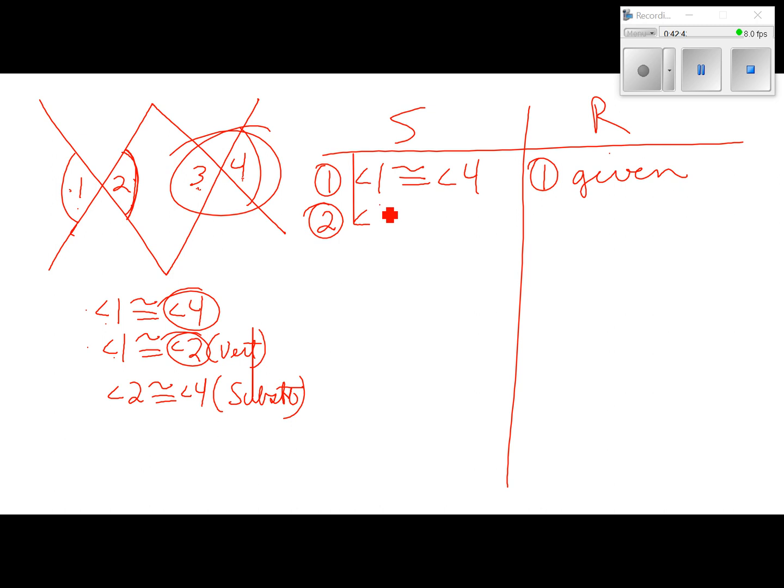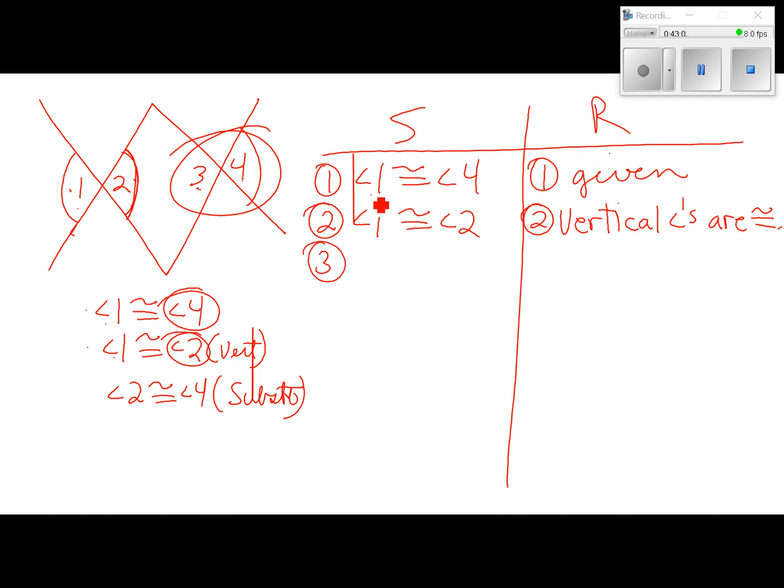Then number 2, we knew angle 1 was congruent to angle 2. And our reason for that was vertical angles are congruent. One of our theorems, vertical angles are always congruent.